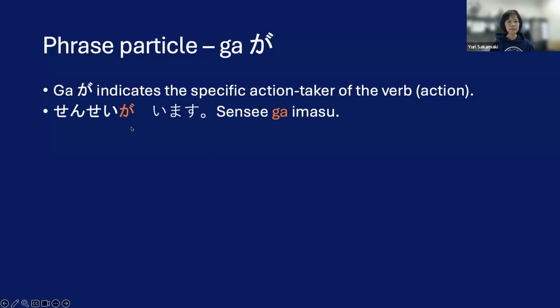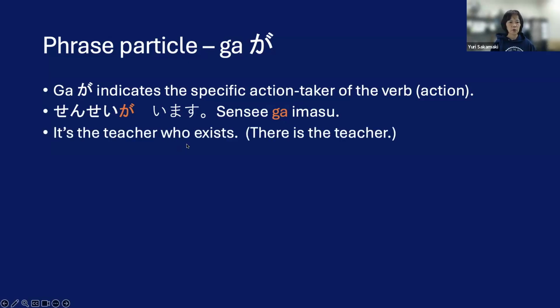So if you say 先生がいます, then the teacher exists. It just means they're the teacher. Maybe there are teachers. We don't know how many, but this indicates teacher is an exister, if you will. So the literal translation would be, it's the teacher who exists. They're the teacher.